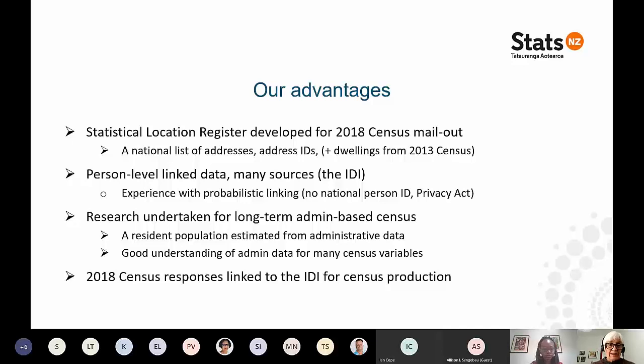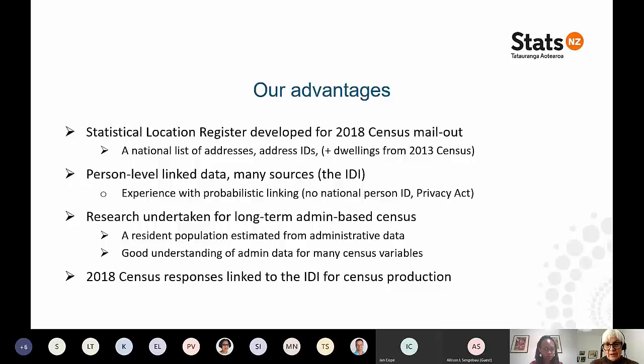We had an extensive person level linked data, which I'll show you in a minute, through our integrated data infrastructure, the IDI. And we had gained quite a lot of experience with linking that data sources together.